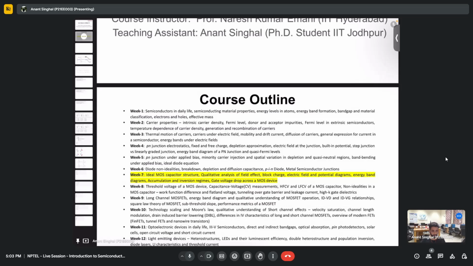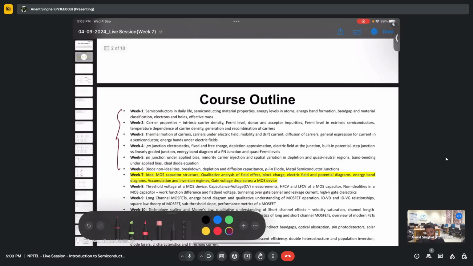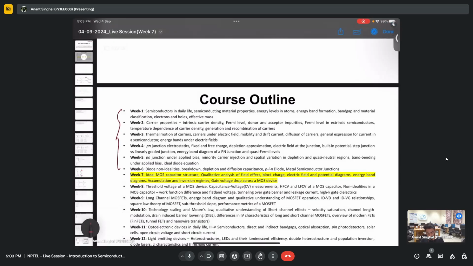Then we got to the PN junction, and in the last lecture we discussed metal semiconductor junctions, that is, when we take a metal and a semiconductor in contact. So this is already covered. If you have a good idea about how the band bending is happening, and how the electrons or holes are getting transferred across the junction, then you'll be easily able to grasp all the concepts in the further classes.